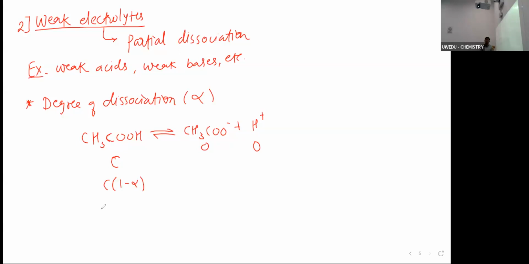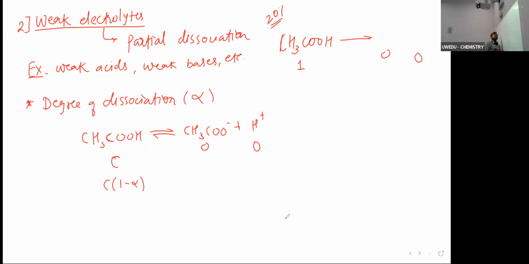To understand more correctly, I'll give an example. You take CH3COOH and let's take 20% dissociation, which means the alpha value is 0.2. Here I am taking 1 molar and 0 and 0.